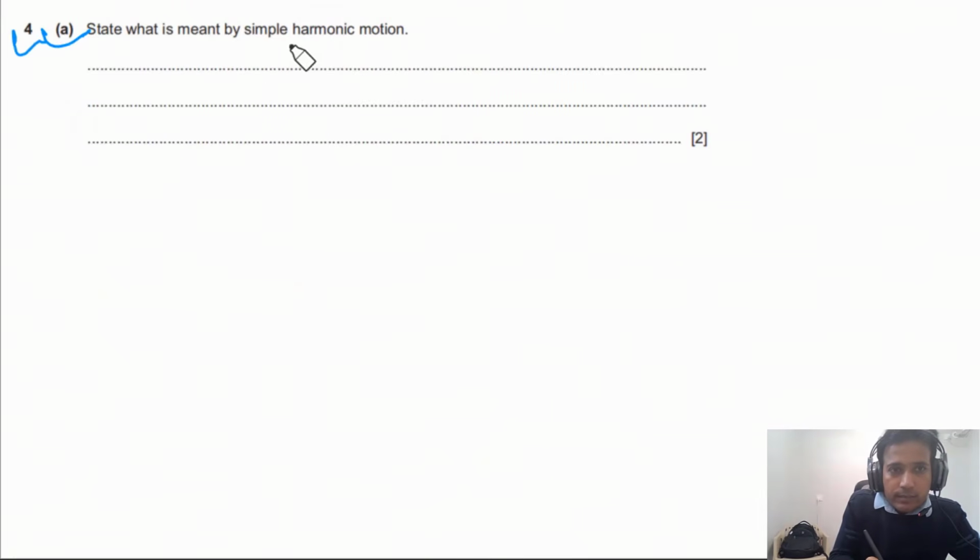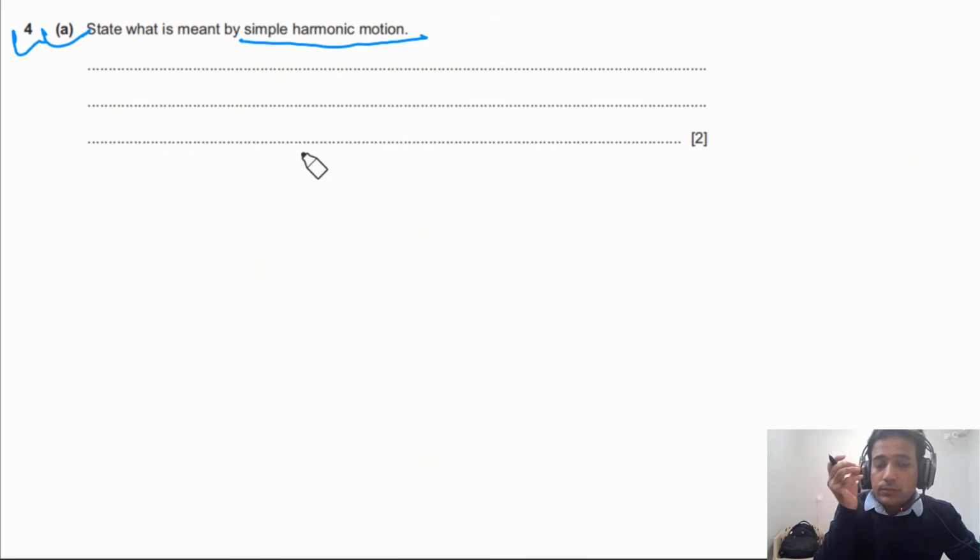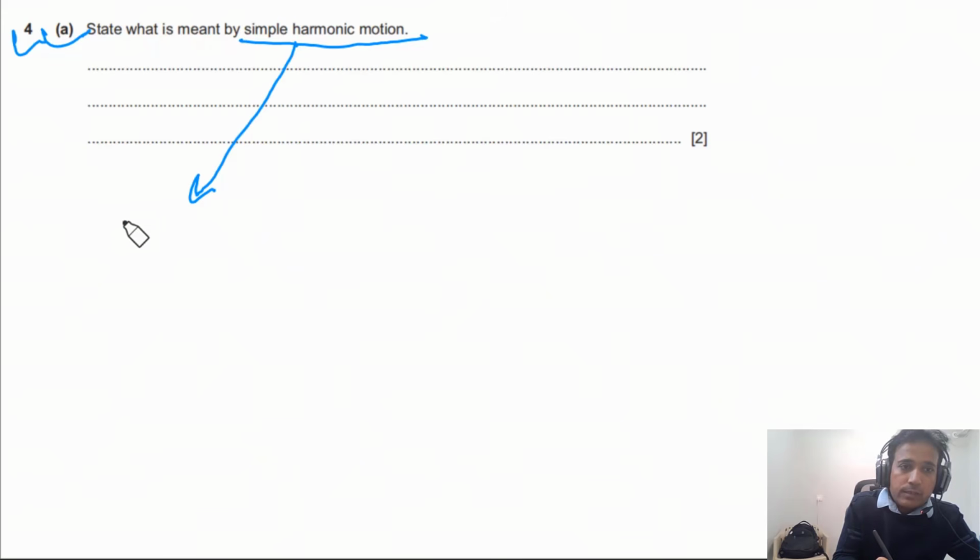Question 4, part A says, what is meant by simple harmonic motion. This is a very common question in the exam paper, so we have to be clear how to state what is meant by simple harmonic motion. For simple harmonic motion, certain conditions need to be fulfilled. The first one is acceleration is directly proportional to x.